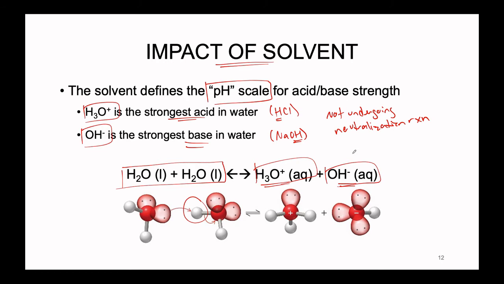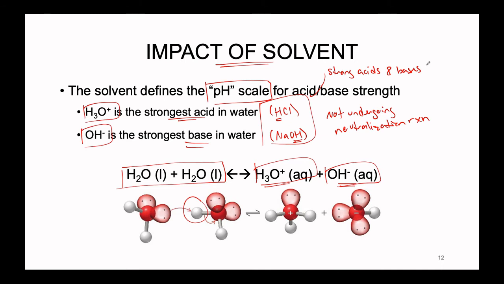Like, if the acid matches the conjugate acid of your solvent, or if the base matches the conjugate base of your solvent, these things will be defined as strong. So the HCl, the NaOH, and the other strong acids and bases we'll be talking about and defining a little bit more in detail in our next lecture.